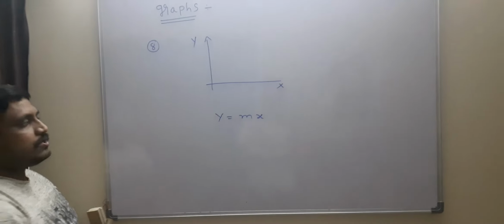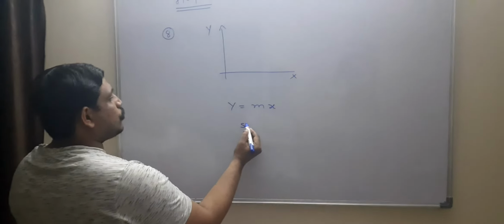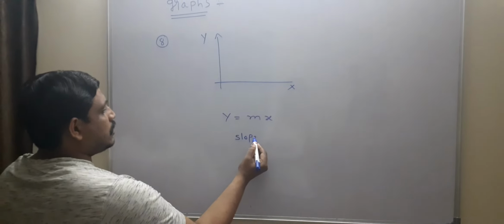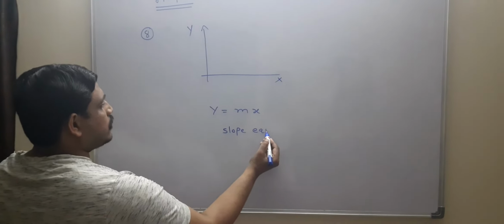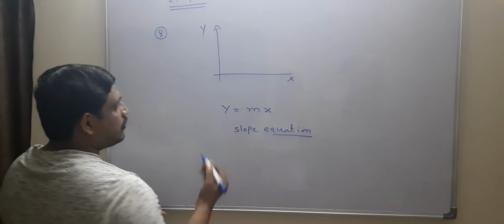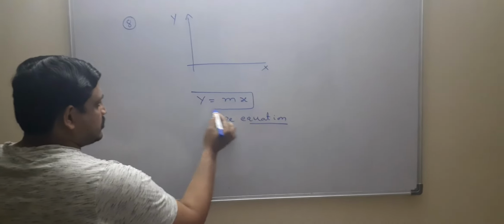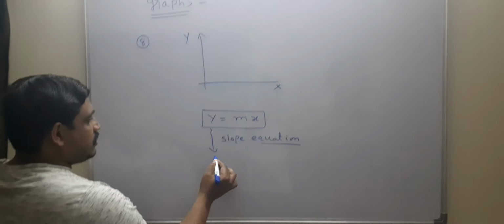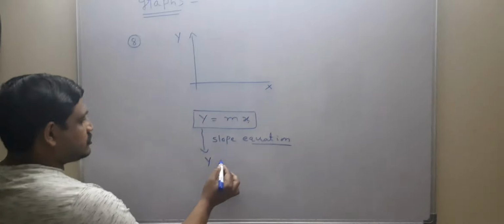In mathematics, this is called the slope equation. m is called the slope. Slope is nothing but tan theta in mathematics. In y equal to mx, y is the y-axis and x is the x-axis.